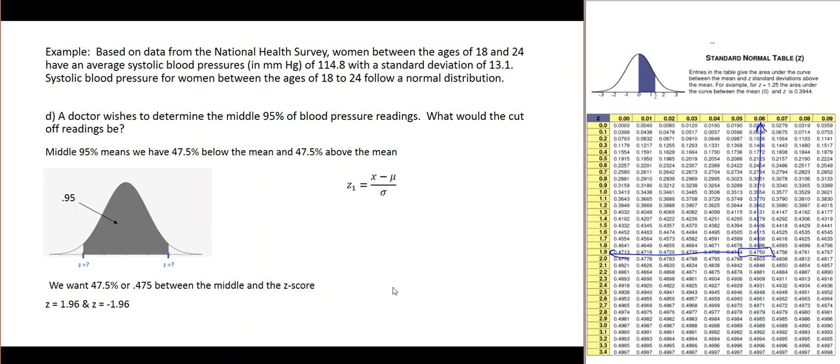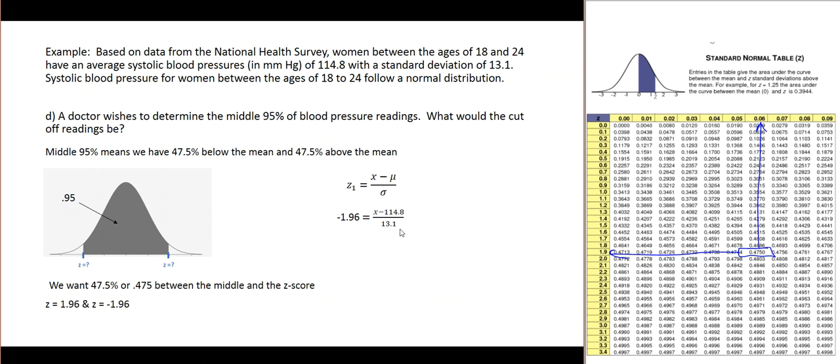Okay, so let's go ahead and find the z-scores, plural. So we're going to have two different ones. We can't just do it for the positive and then negate whatever answer we get, so we have to actually do them separately. So let me go ahead and do z1. In this case, we're going to use the negative 1.96. We've got our data, which we don't know, minus the mean over standard deviation.